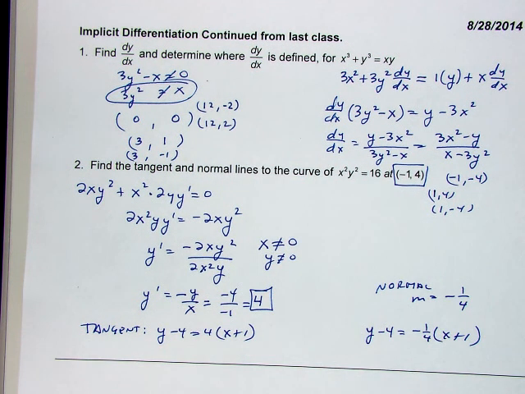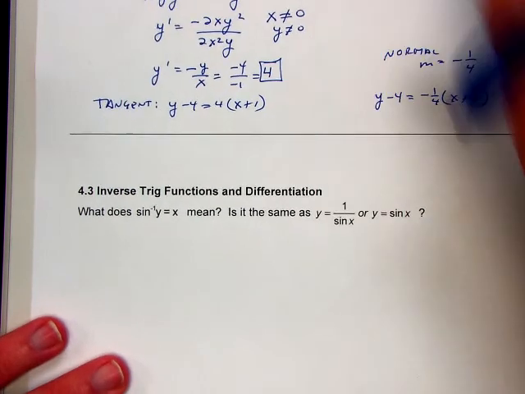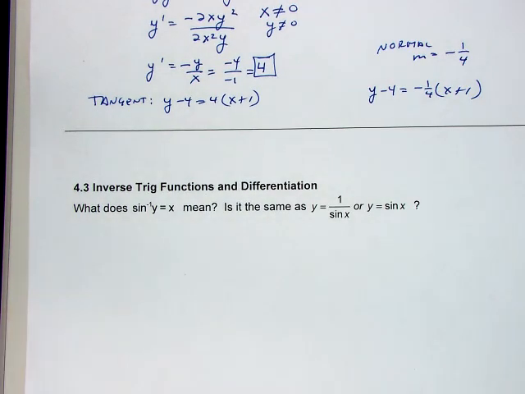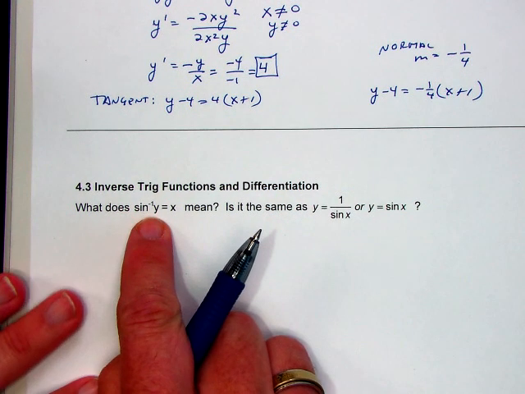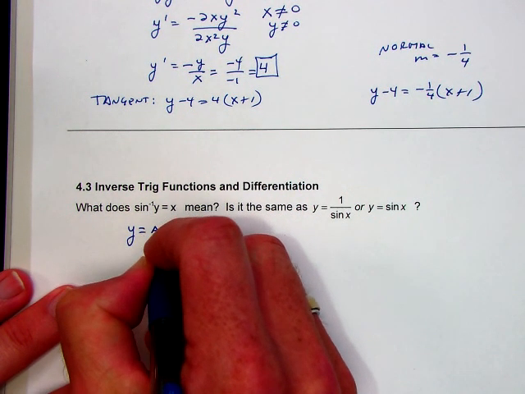All right, the last thing on this page was having to do with inverse trig functions and differentiation, but a couple things we need to make sure we understand. What does this mean? Well, that is the same thing as saying y is equal to the arcsine of x.